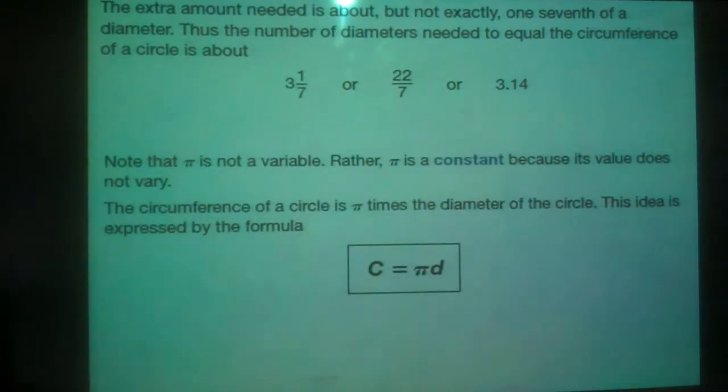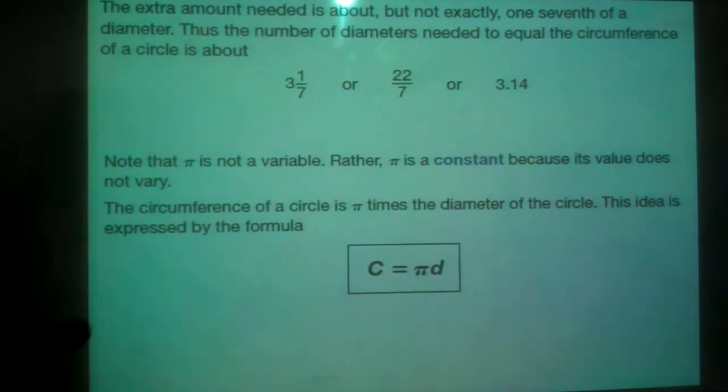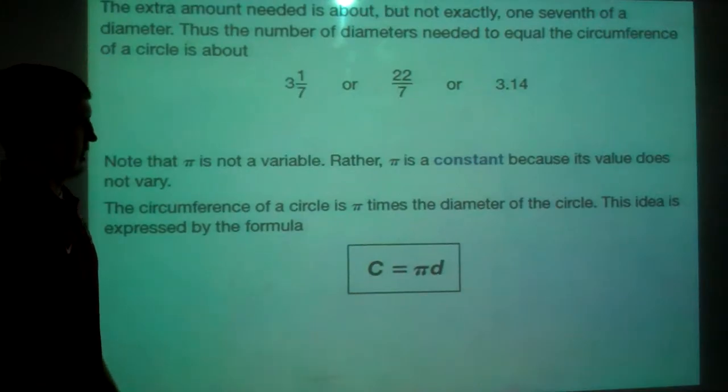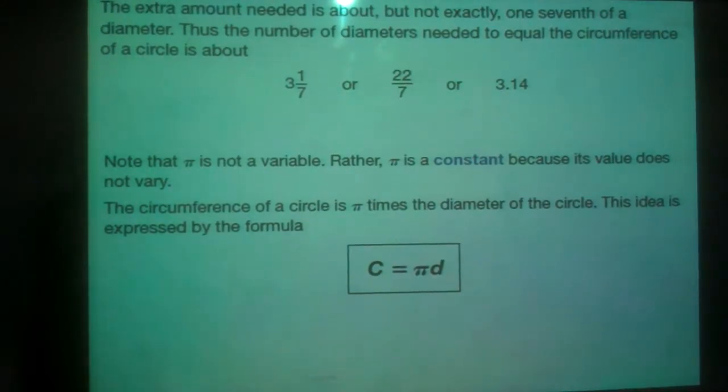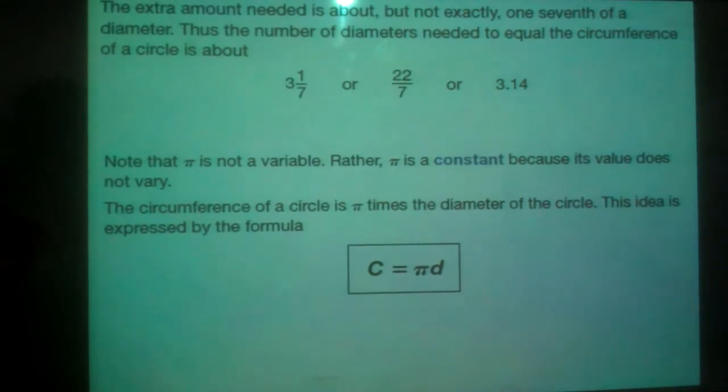And we know that as pi. Pi is not a variable, it is a constant, because the value does not vary, the value does not change. So the actual circumference of a circle is pi times however many diameters we have.